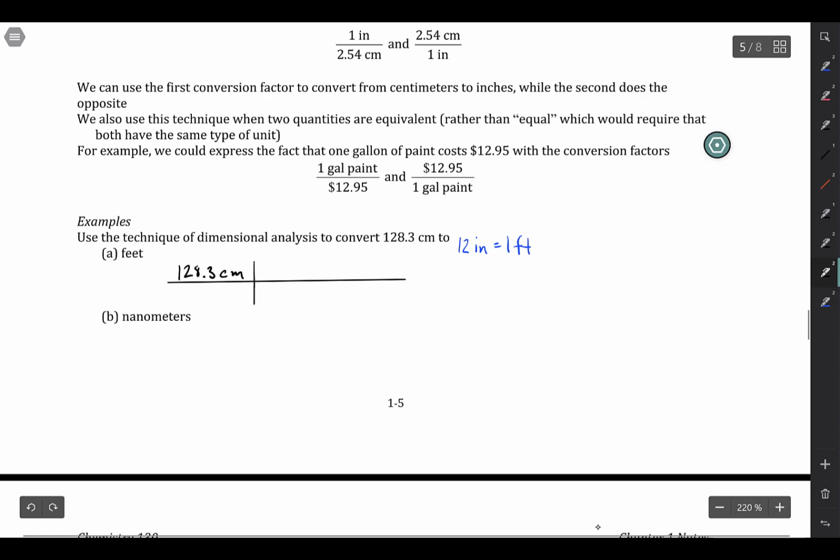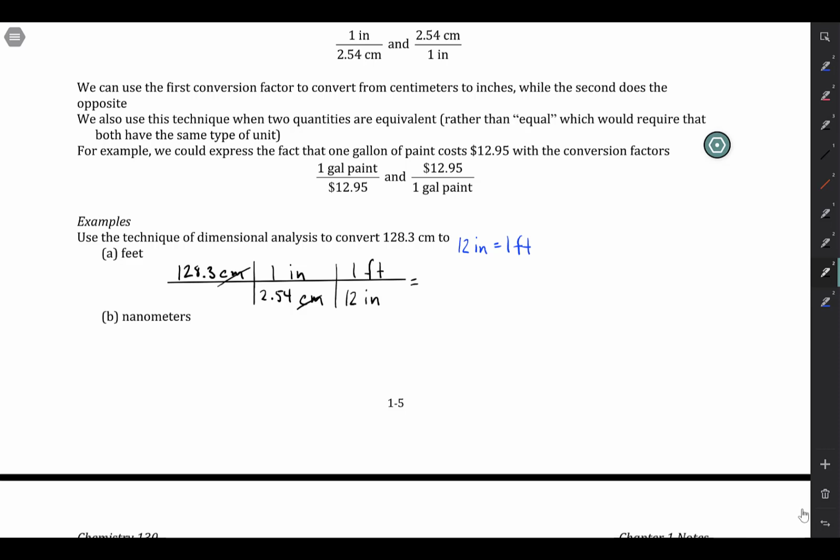I'll draw a line here to indicate that I'm going to multiply by a conversion factor. Now it's very important that the unit I want to get rid of be diagonal or on the opposite side of the unit I have here. So we saw that there are 2.54 centimeters in 1 inch. So centimeters cancels. And we know that there are 12 inches in 1 foot.